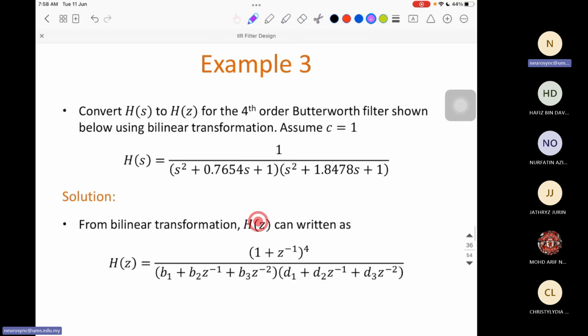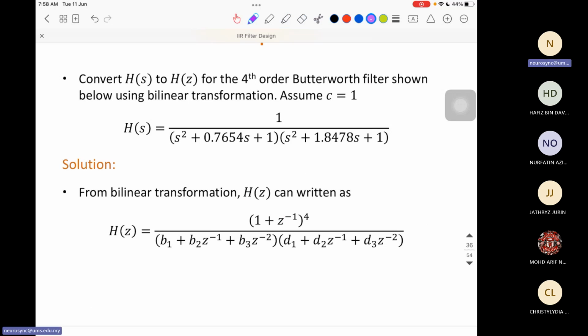Now in the third example, convert this H(s) to H(z). H(s) is given. Now you observe this H(s) is basically the system expression for the fourth order Butterworth filter.